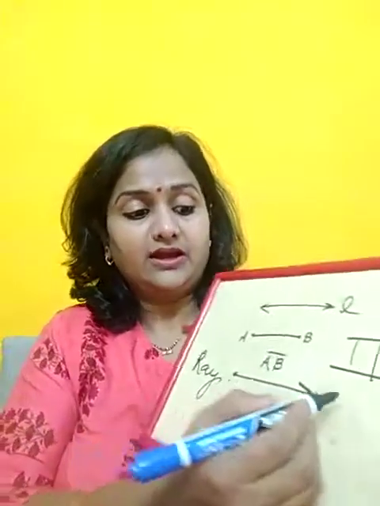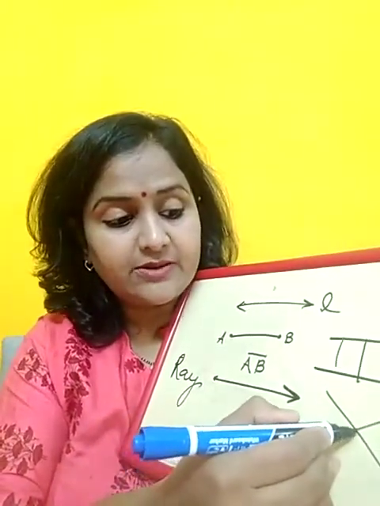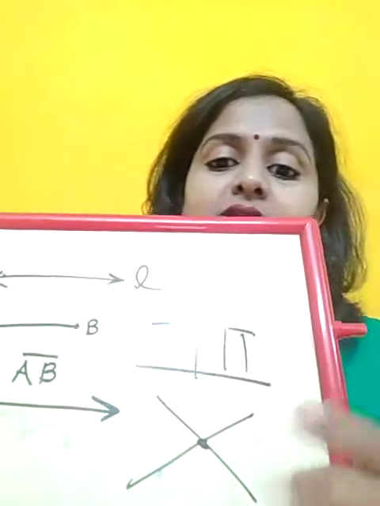But if the lines are crossing at some point, like this point, what will these lines be called? These are called intersecting lines, because these lines are crossing each other at some point. So what is the opposite of parallel lines? Intersecting lines. All right, so you must be able to differentiate between different forms of lines.